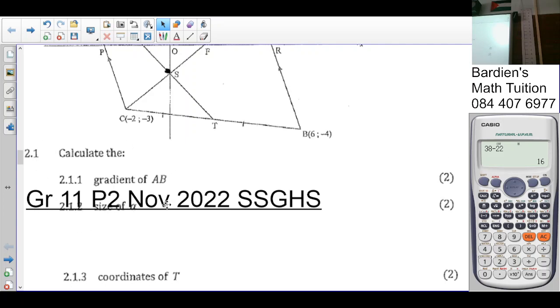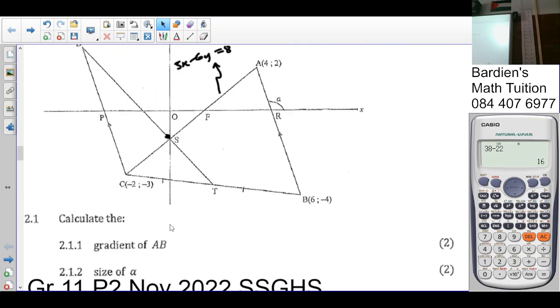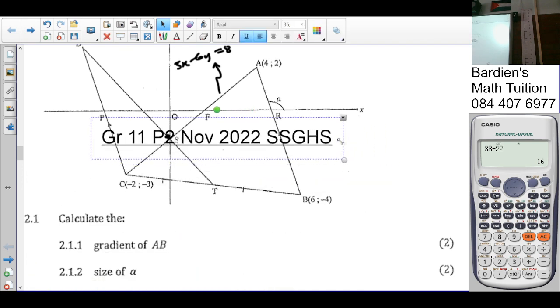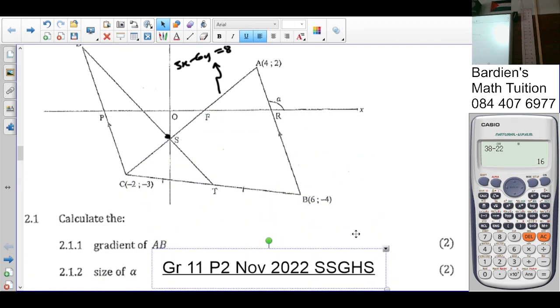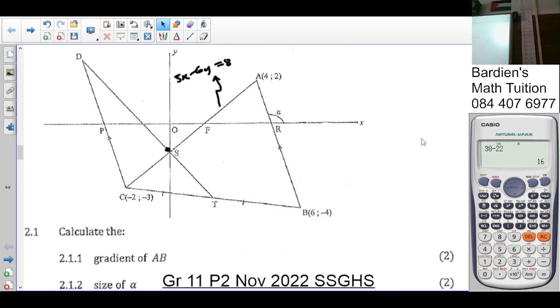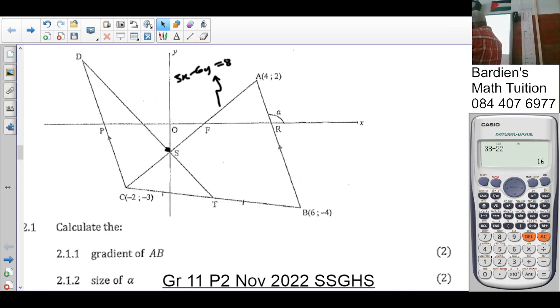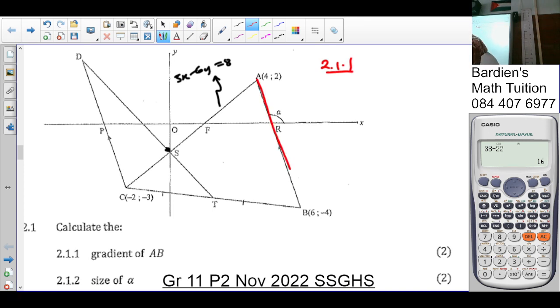The first question says calculate the gradient of AB. This is 2.2.1. AB is this line here.